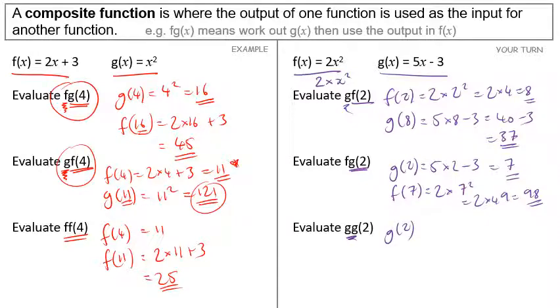So g of 2, and we've seen up here, that's equal to 7. So we can see with these how we use a composite function for a given input.